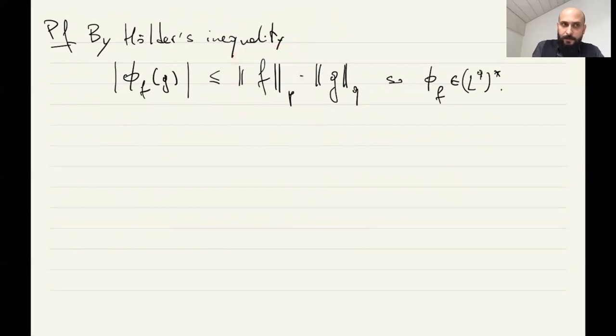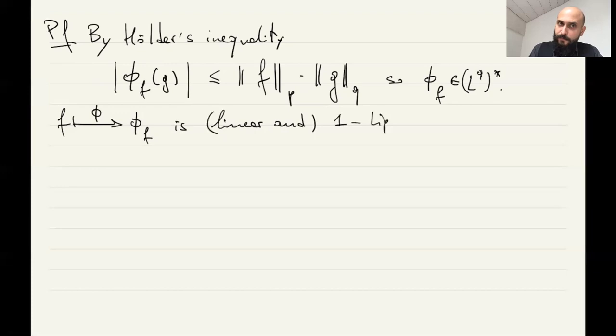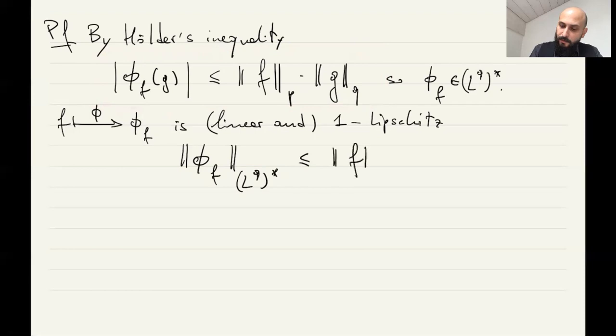So the map f goes to phi of f. This map is also linear in f, it's trivial, but it's also 1-Lipschitz. Same, again this Hölder inequality tells us that the operator norm of phi of f as an element in L^q star is bounded by the norm of f in L^p.